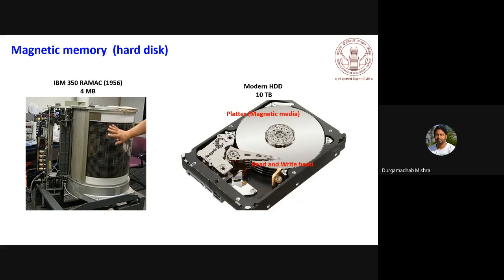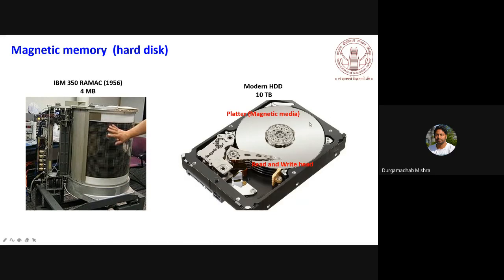A lot of innovations led to this reduction in the total size of the hard disk, and also an increase in storage capacity, sometimes known as the areal density of the magnetic hard disk.